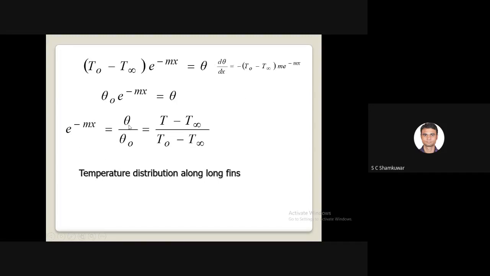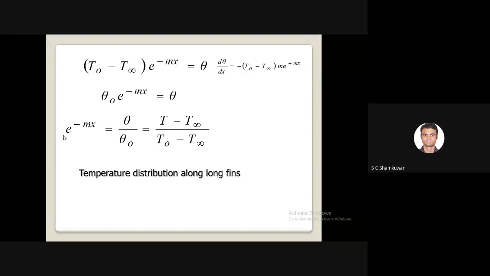And e to the power minus mx is equal to theta by theta naught, equal to T minus T infinity divided by T naught minus T infinity. This is the temperature distribution along the fins when the fins are infinitely long.